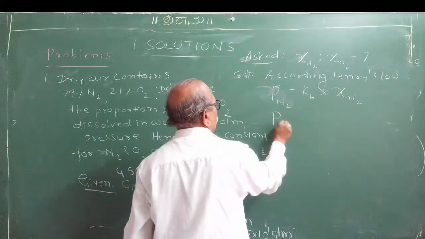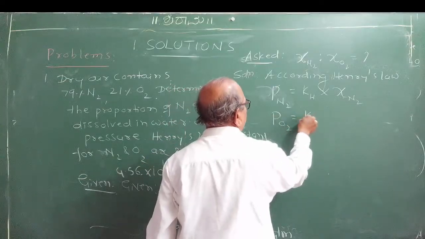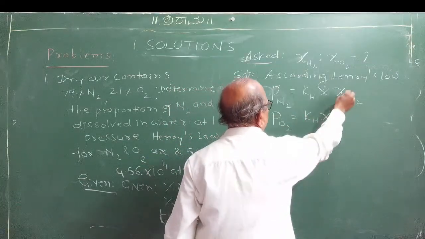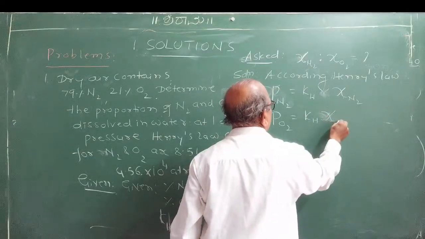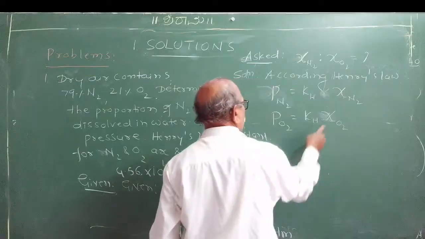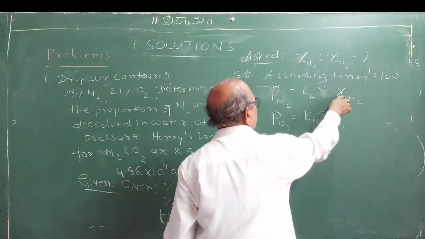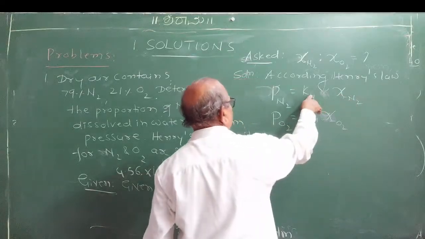Similarly, partial pressure of oxygen is given by KH into mole fraction of oxygen. Now you are asked to get the mole fraction of nitrogen. KH values are given.